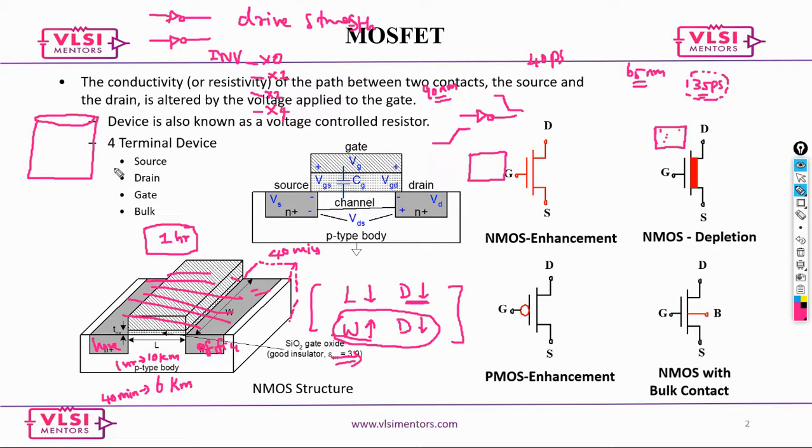You have a small tap for small buckets, and you have a bigger tap. Let's say you wanted to fill the tanker. You obviously won't use the small tap for filling a tanker because the time would be high. The same way, if you have to drive a bigger load, you need W higher. The W should be higher. So that means what?